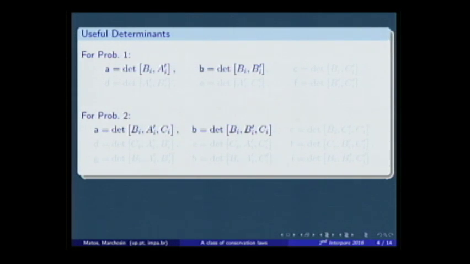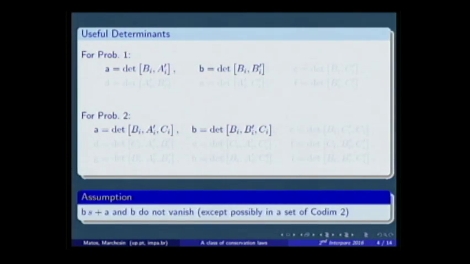In the problem one, A means this determinant, and in the problem two, it means another thing. And here we have the same, and with the other determinants too. We make an assumption, AB plus A and B do not vanish, except probably in some points or something not so important.